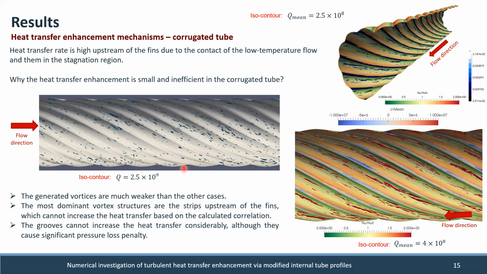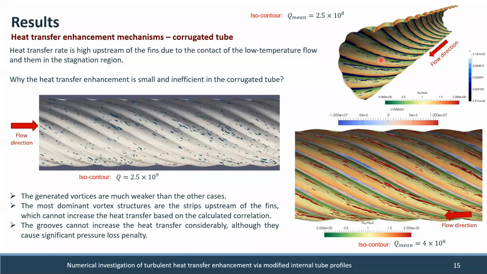Here I'm showing the isocontours of Q criterion with the same value as I showed for the previous cases, and you can see that they are really dispersed and very small. It shows that the vortices are much weaker in this case compared to the other two cases.